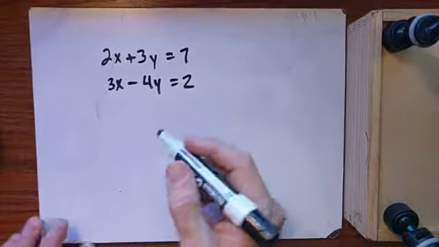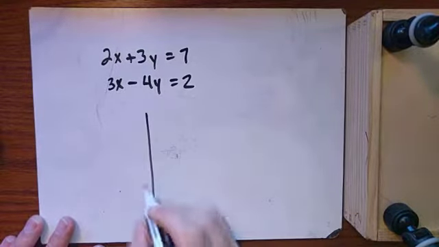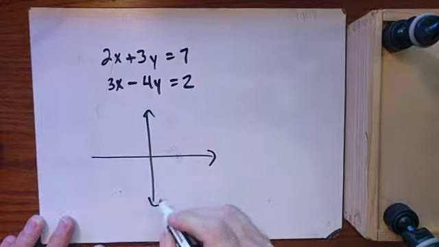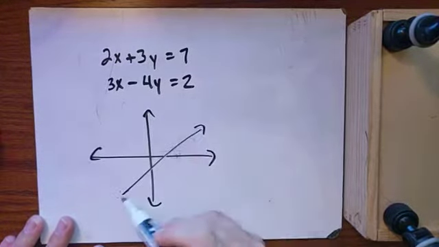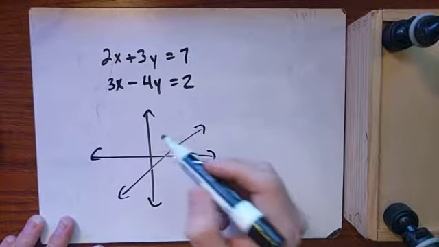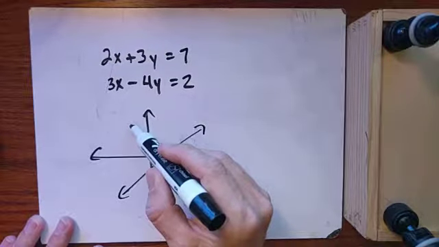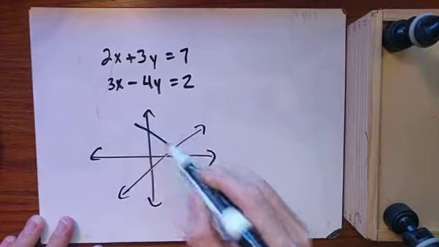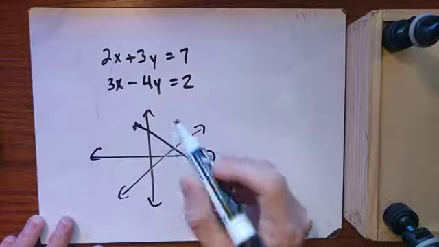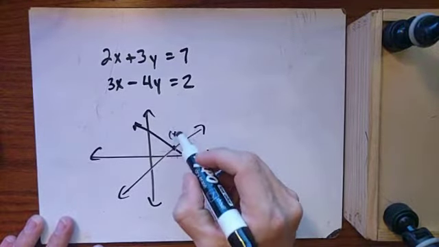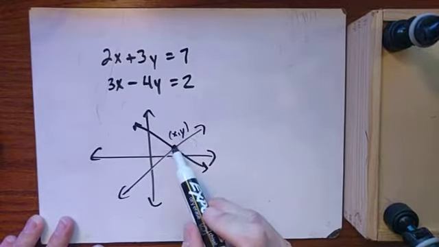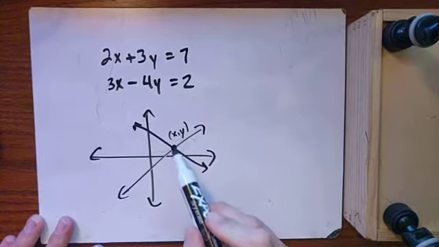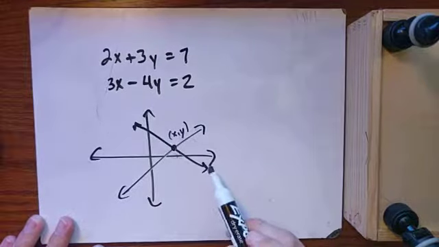So if you were to graph these, you'd have your x and y axis, and one line looks something like this, and another line looks something like this. And the x and y for the solution is this one point, because it's not just a point on one line. That same exact point is on the other line as well.